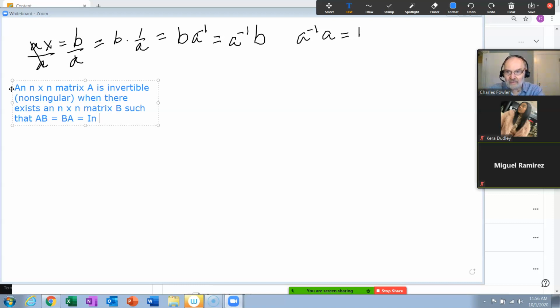Where I sub n, I hope you remember, is the identity matrix of order n. Now what is an identity matrix? Ones down the main diagonal, zeros everywhere else. N rows, n columns.